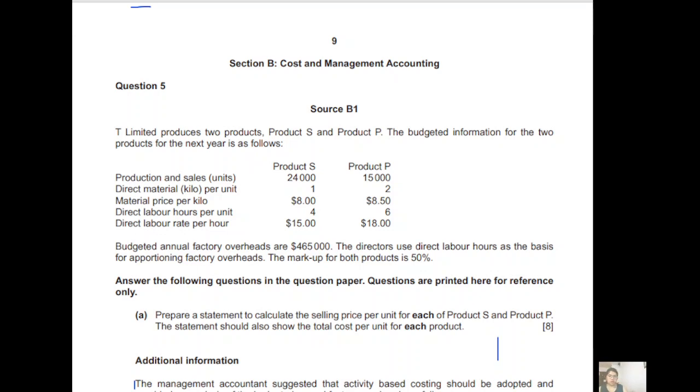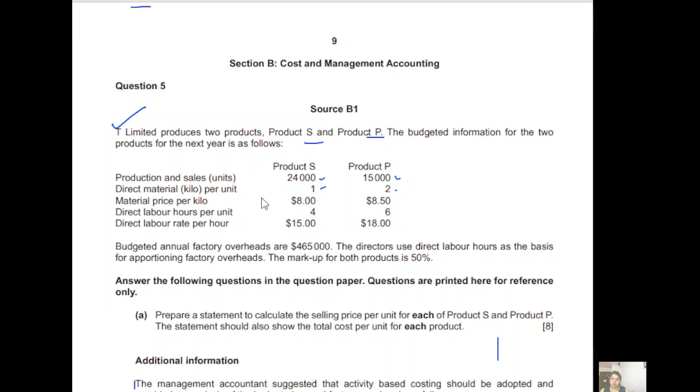In this question you will find T Limited produced two products, product S and product P. The estimated budget of the two products for the next year, production and sale, is given to you, meaning this much they want to produce for product S and this much for product P. Direct material per unit will be 1 and direct material for P is 2.